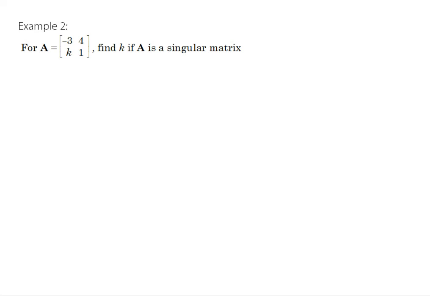So we've got this matrix with an unknown number in it, k, and we wish to find that unknown number k, given that we know that A is a singular matrix. A singular matrix means that it has no inverse, which means that the determinant must be equal to 0.